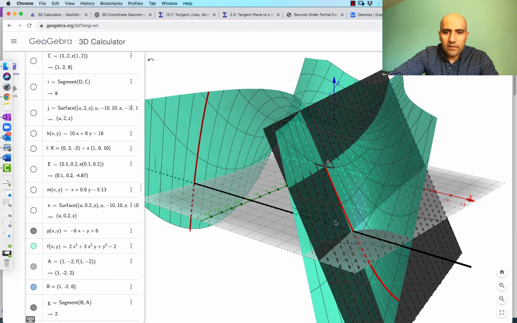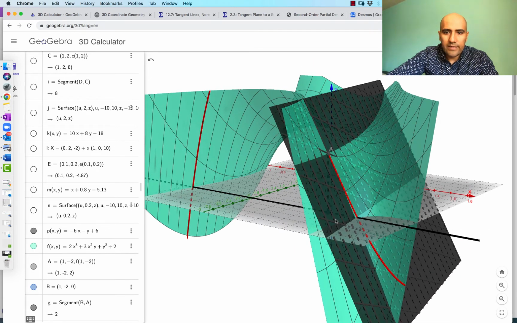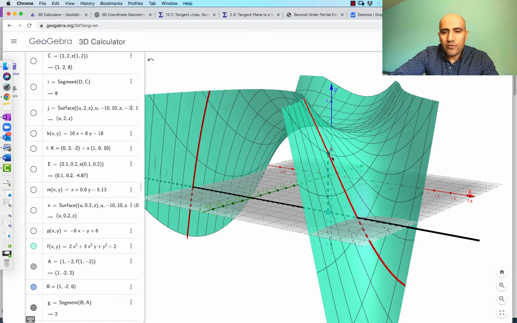Okay, it's not going to be perfect, but hopefully we get a sense. So at the point A, let's get rid of that again. We're interested in a plane that only touches the teal function at A within a certain neighborhood. It can touch it in other places.